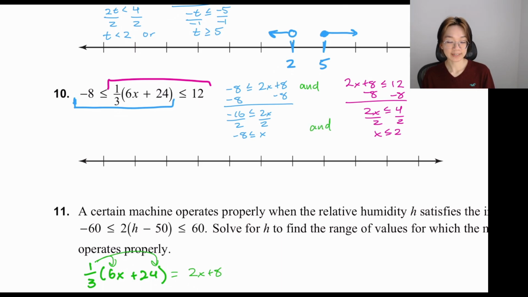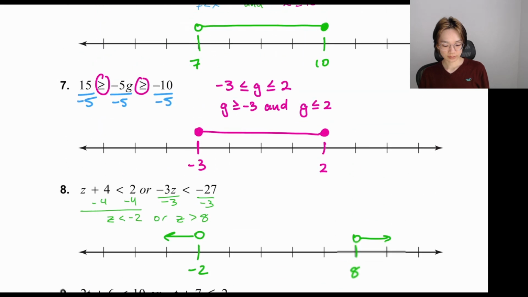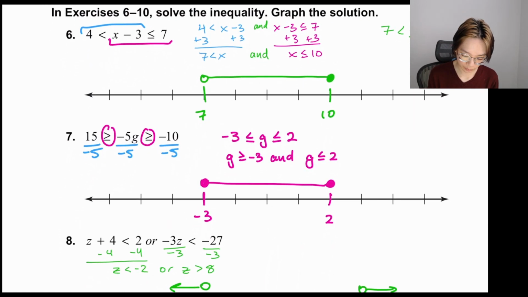So we have negative 8 is less than or equal to x, and x is less than or equal to 2.